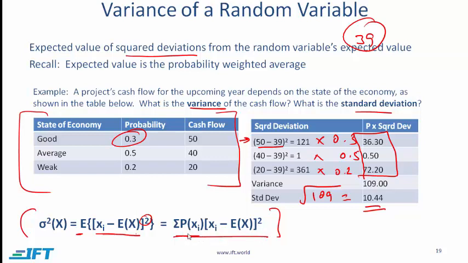Whether or not you understand this expression, you need to be able to do these calculations and recognize the fact that the variance is giving us a measure of how spread out these cash flows are from the expected value of 39. A high variance means that the data is very spread out, so the project is more risky. A low variance means that the data is not too spread out, which means the project is relatively low risk.